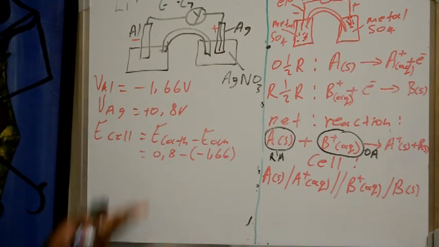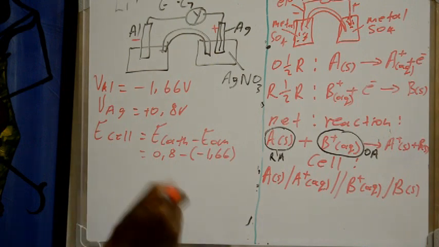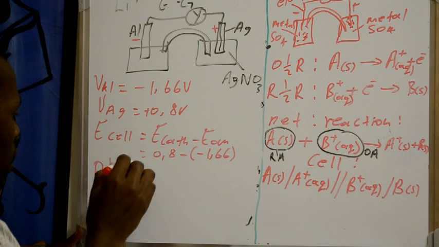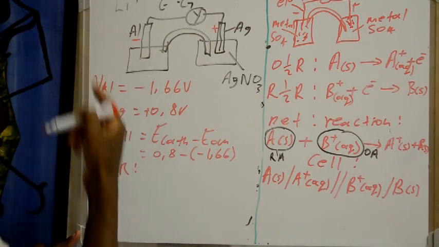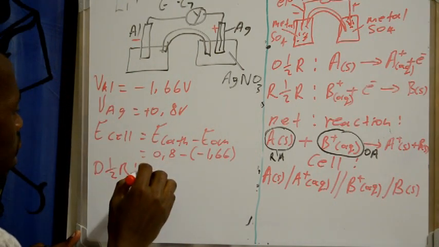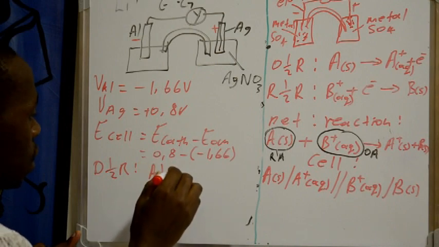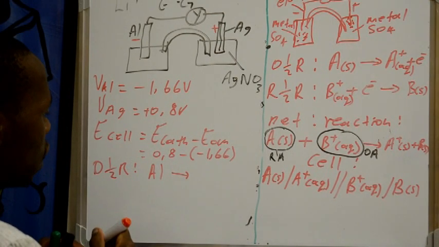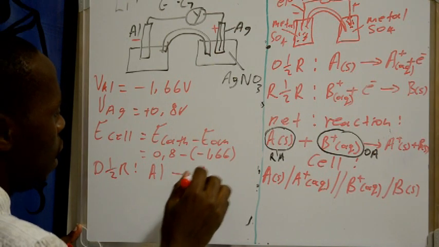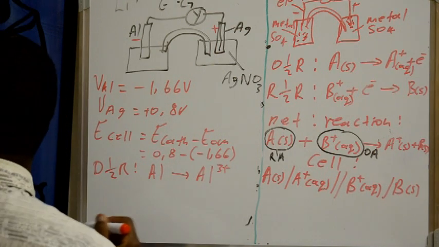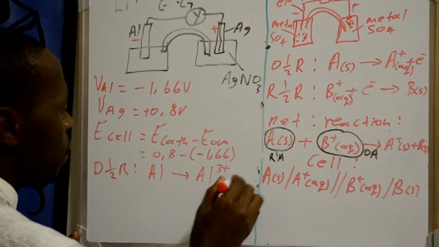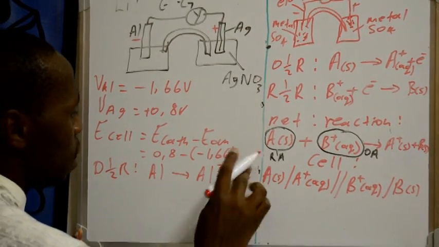Now from this, the oxidation half reaction here. It requires oxidation, so where does it happen? In the aluminium. So aluminium loses electrons. How many? 3. Aluminium loses 3 electrons, plus 3e.